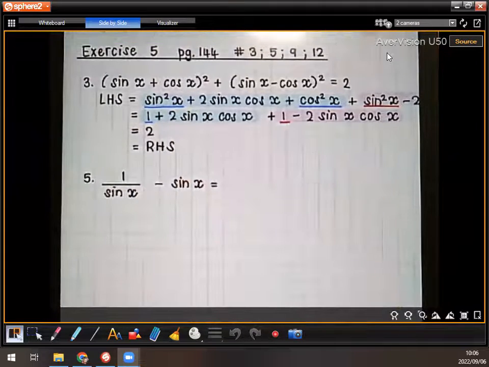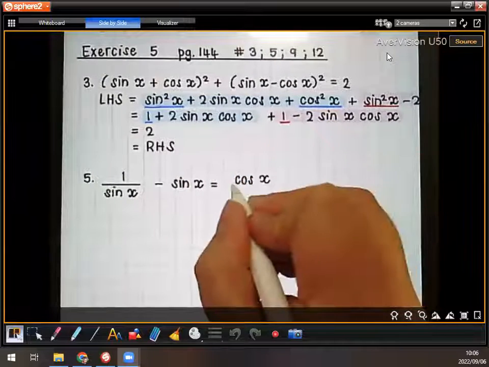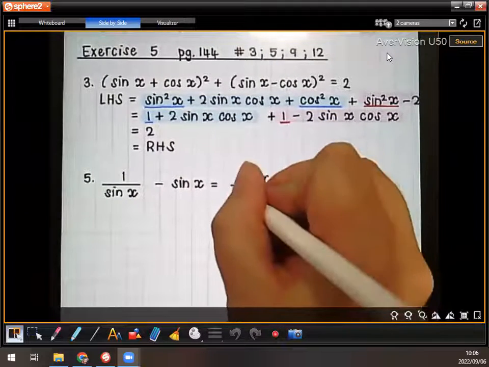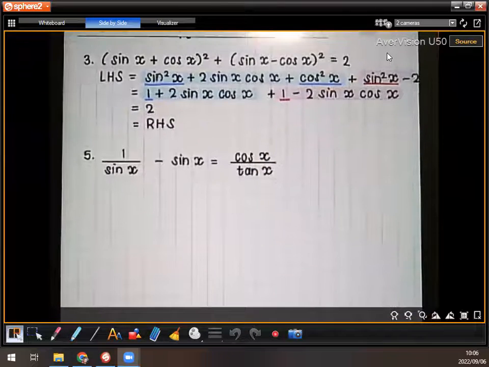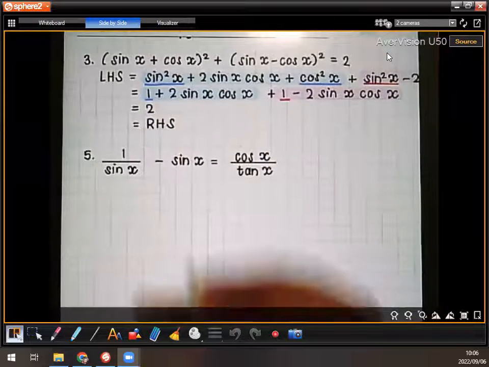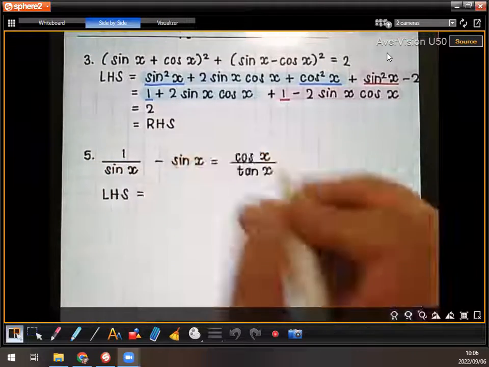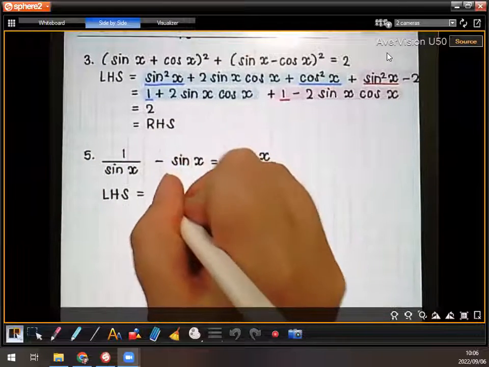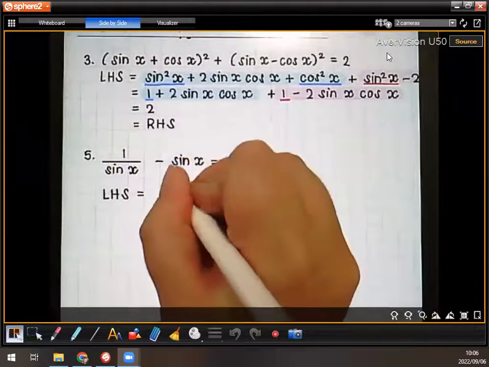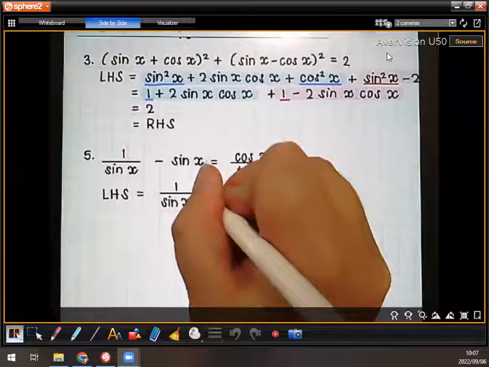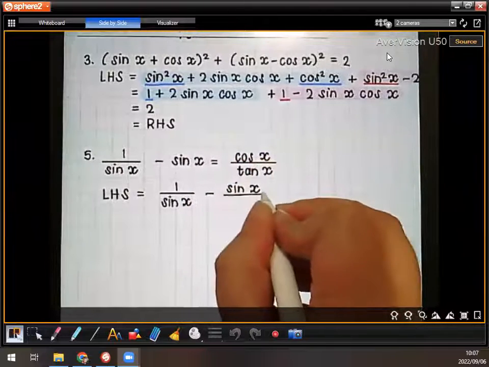And we have to show that that is equal to cos x over tan x. All right, so again, I would start by working on the left-hand side. And I'm just actually going to write it like this, 1 over sin x. I'm going to leave it like that for now. But minus sin x, I'm going to write that as sin x over 1.